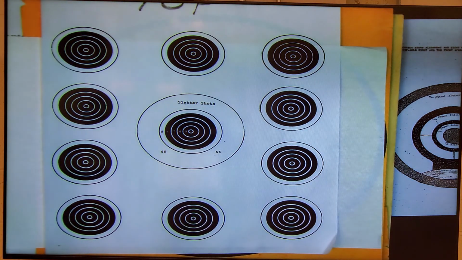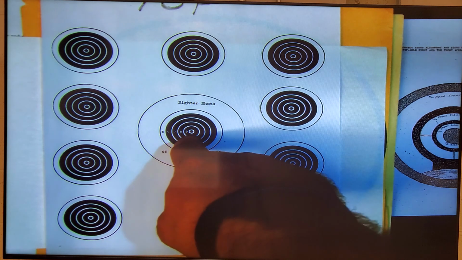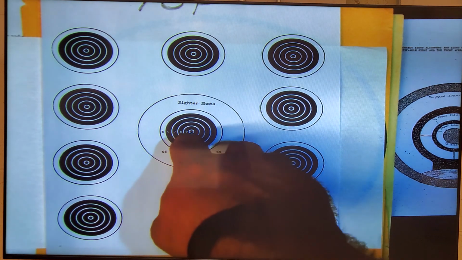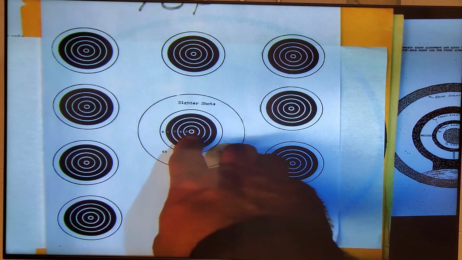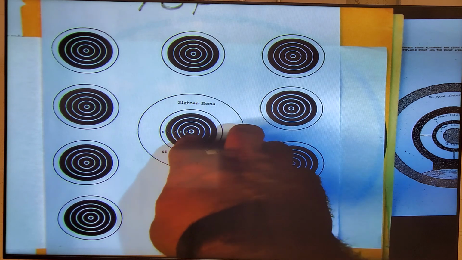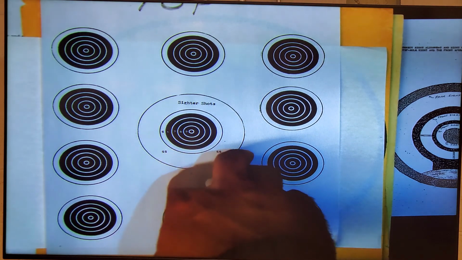Don't let it be. By the time we finish this class, you guys are going to be able to hit that 10 ring at least 8 out of 10 times. Everybody here can hit that thing 8 out of 10 times. Most of you guys will be doing it well over 9 out of 10 times, because that's 90. Most of you, when you get to the test, will be shooting somewhere between a 92 and a 96.